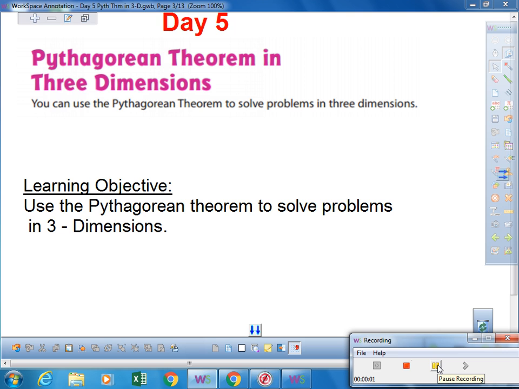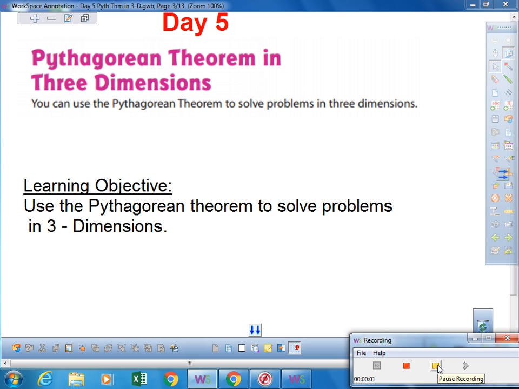Today we're going to use the Pythagorean theorem to solve problems from 3D figures. If you look at the note sheet, you can see a couple of diagonals.